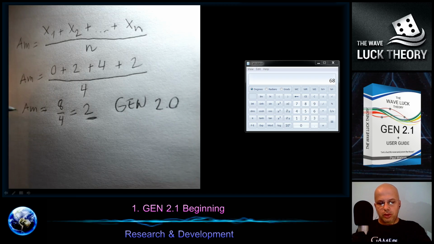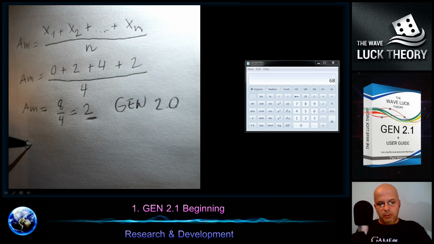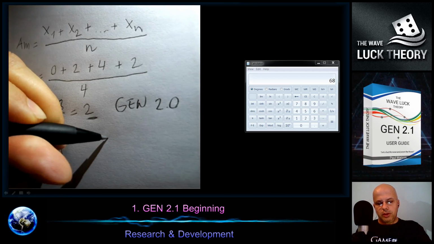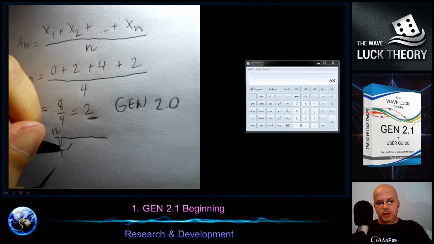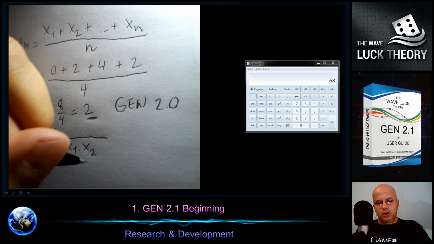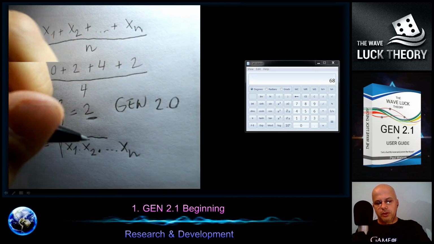So if we use the geometric mean, we can call it GM, and it is calculated like a root, the nth root, of x1 times x2 times and finally xn.